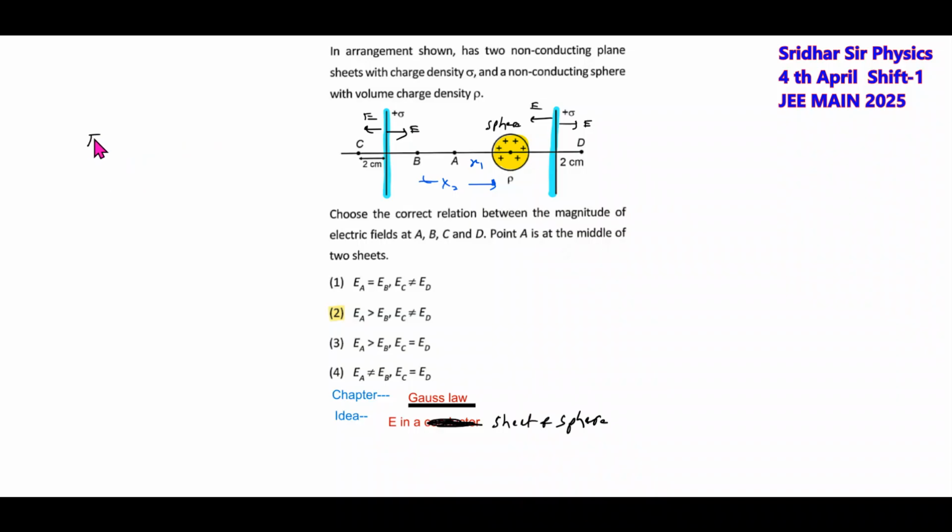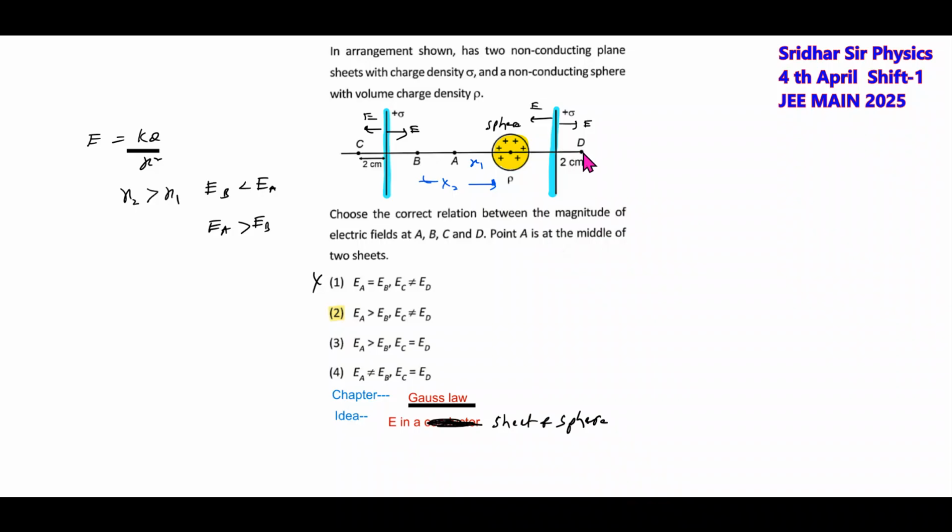And we know the electric field due to the sphere will be kq by x square. So x2 is greater than x1. Therefore EB is less than EA, or EA is greater than EB. So this is ruled out. EA not equal to EB, okay, among these two. Next, again, regarding the field strength at C and D. Look at the sphere now.